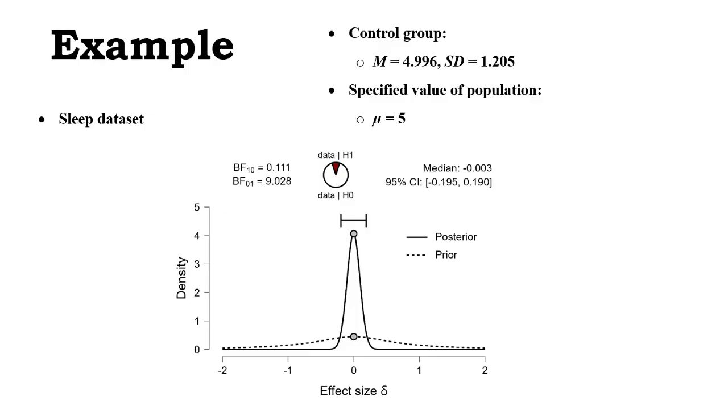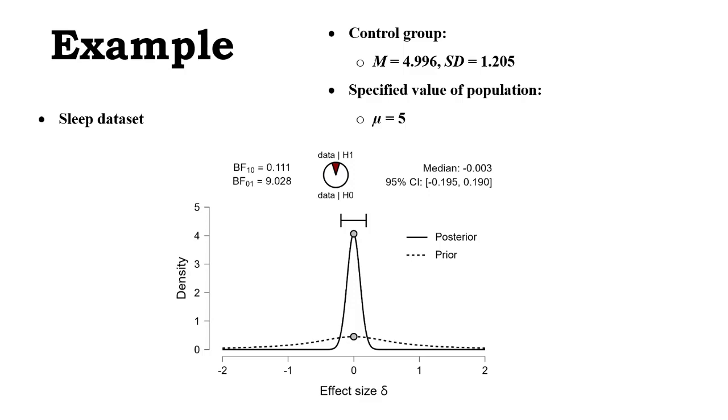Let's go through an example. In this example, I'm using a sleep dataset. This is a fake dataset, and we've got a control group. Basically, this is a group of participants who have sleeping difficulties, and they were randomly assigned to a control group or to an intervention group.